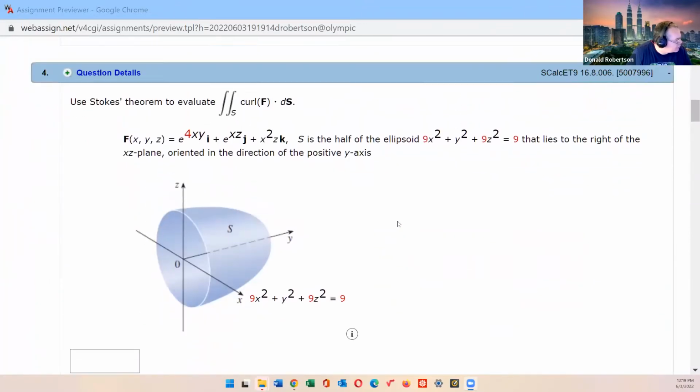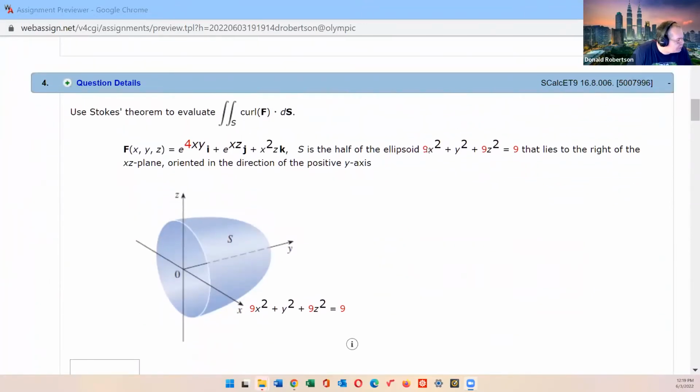Okay, here is the question that we're interested in. Move that window out the way. The surface is S, and it has this equation here. And it meets up on this plane here, which is the XZ plane, right? Just using that picture, I'm going to be writing down what's going on here.